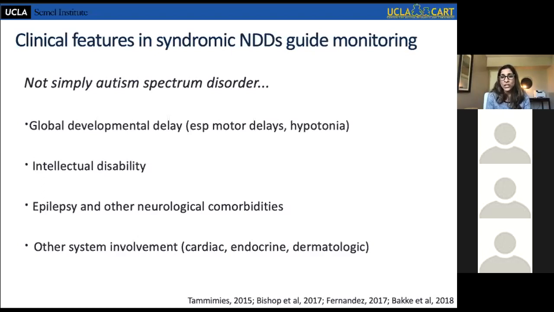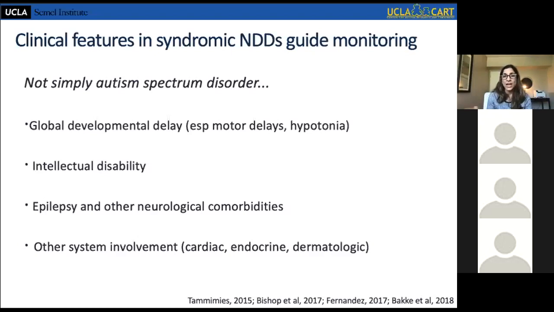So in a patient with an identified genetic variant that's highly comorbid for epilepsy, I might think about doing a baseline EEG to rule out subclinical seizures, but also just to know what their EEG at baseline is like, so that if there's a change, I have something to compare it to.